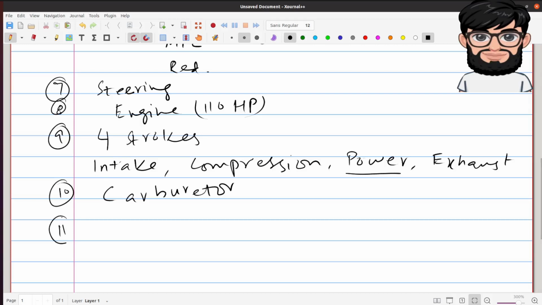The last thing I wanted to cover in this video was how the carburetor heat system works. The Cessna 150 or 152 does have a carburetor heat system. What happens is the carburetor heat valve is controlled by us as pilots.